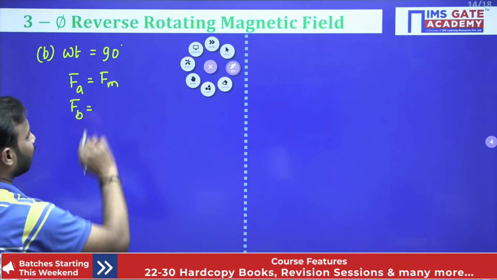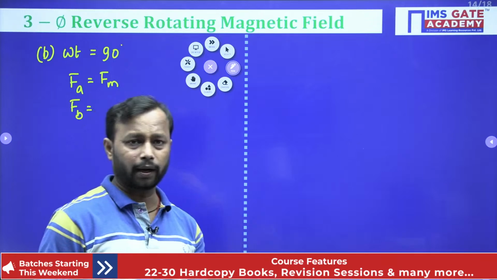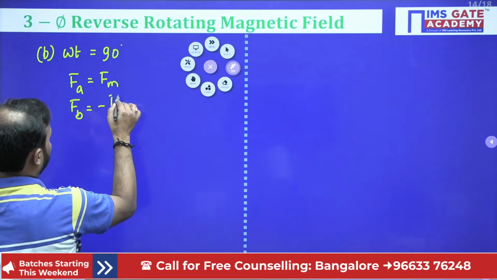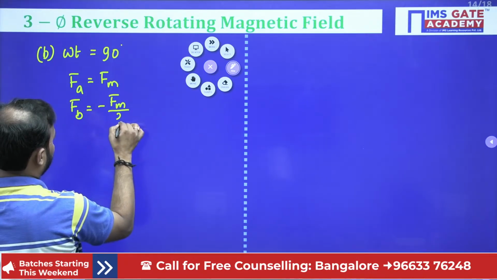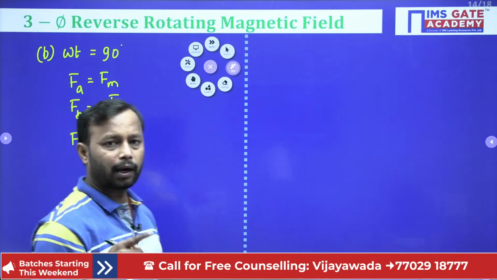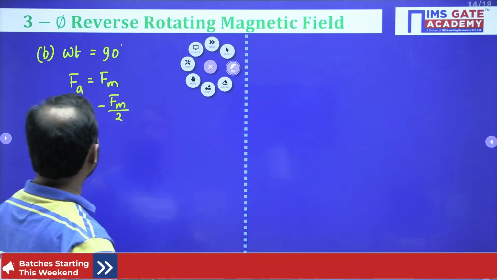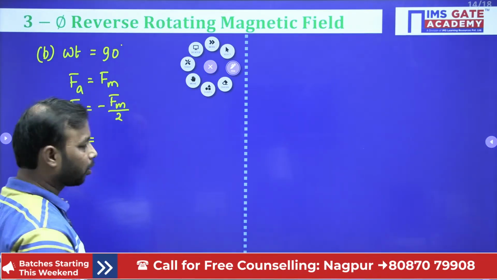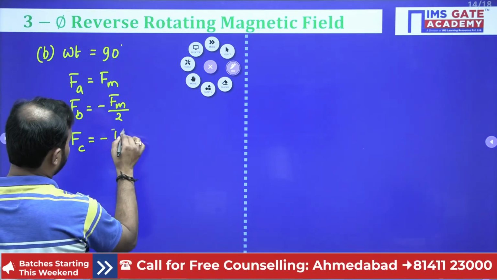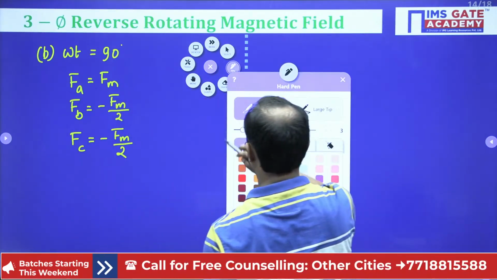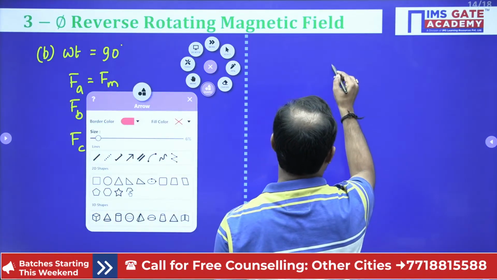So 90 plus 120 is 210, and sine 210 is minus FM by 2. FC is FM sine omega t minus 120 degree. So 90 minus 120 is minus 30, and sine of minus 30 is minus FM by 2. Alright, FA is positive, so we will have to draw it in the same direction.